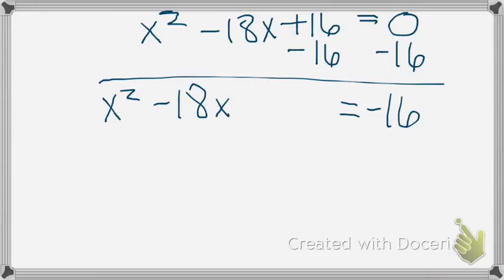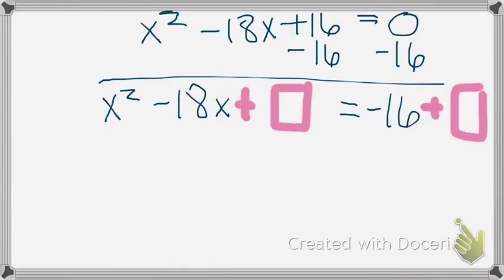Now notice I went ahead and left me some space because I need to add a box and add a box. Alrighty, so what goes in my box? How do I figure out what goes inside my box? And I hope by now you've got this down and memorized.